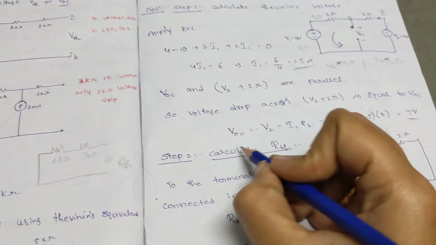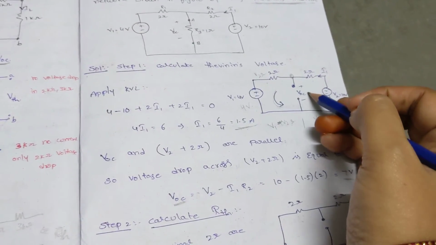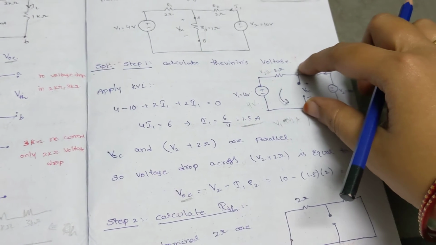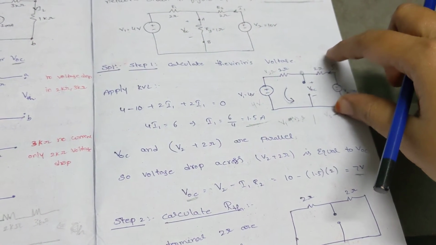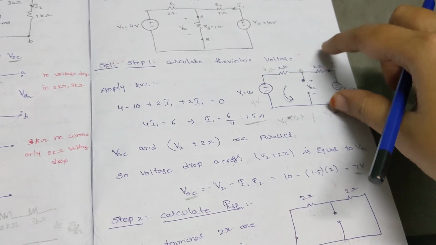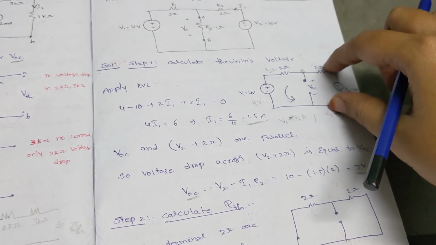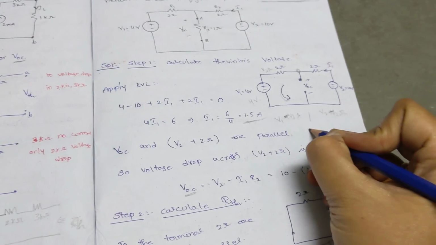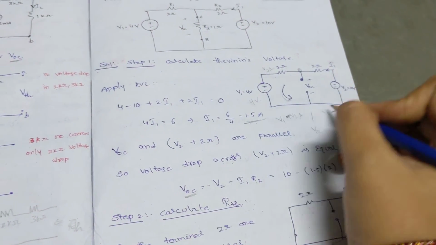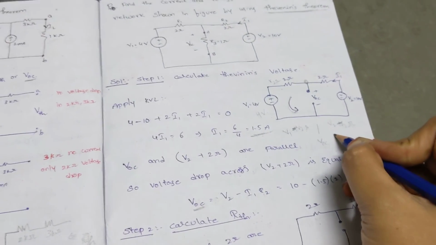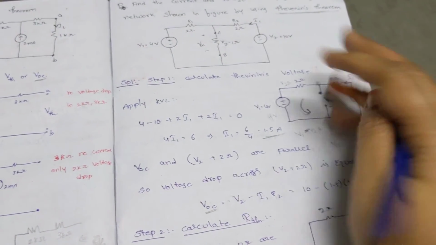Maybe you have a doubt regarding this VOC itself. VOC is nothing but the voltage drop in your parallel branches, because this VOC and these two combinations look like parallel circuits.